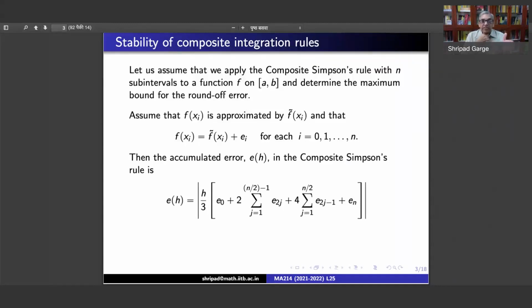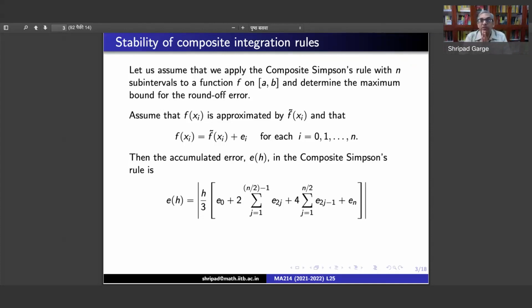And we have that this e(h), which is the accumulated error, is the modulus of h by 3 times e_0 plus 2 times the summation of e_2j. Remember e_0 and e_n, because they come from f(x_0) and f(x_n), come with coefficient 1. Then the remaining even nodes will come with coefficient 2, and all the odd ones will come with coefficient 4.